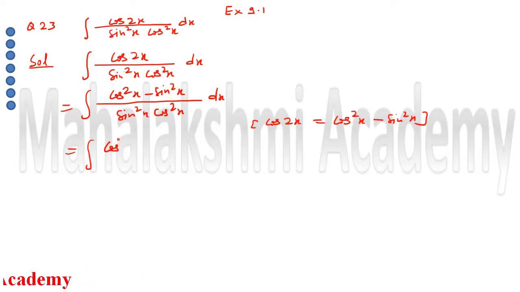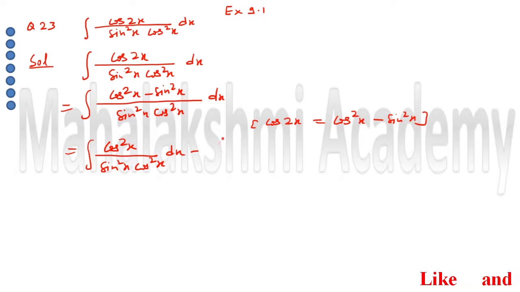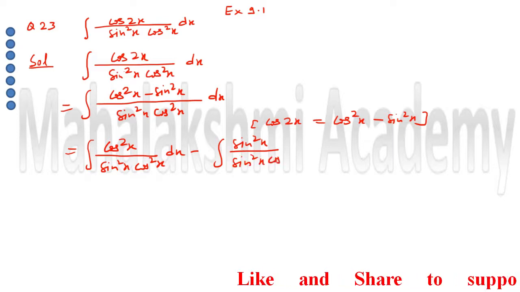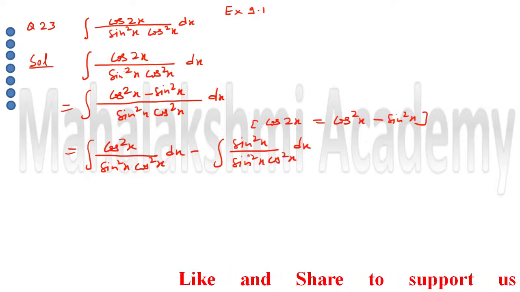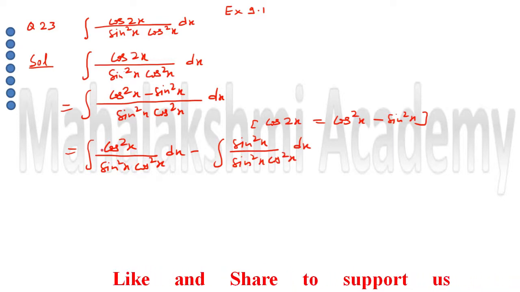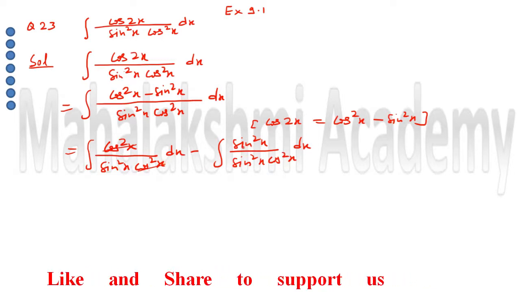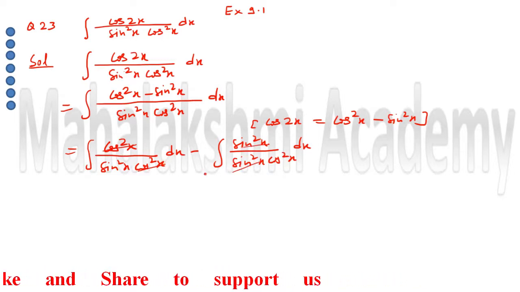So it is going to be cos square x upon sin square x cos square x dx minus sin square x upon sin square x cos square x dx. Now you can see that cos square x and cos square x can cancel, and sin square x and sin square x can cancel.